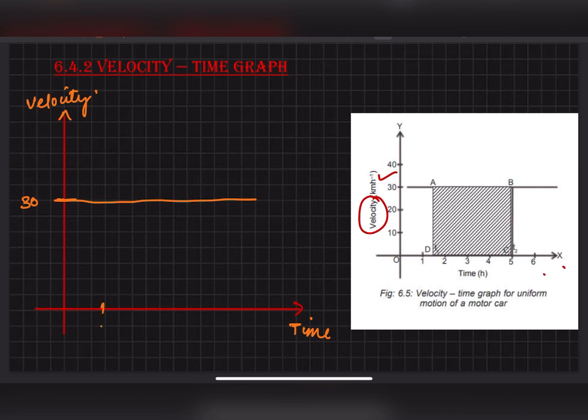Time changes, let's say 2 minute, 4 minute, 5 minute, or let's say you give time in hours, then 5 hours, 6 hours, 7 hours, right? 1, 2, 3, 4, 5, 6, 7, 8, 9. Time changes, but speed remains the same, kilometer per hour. Speed is the same. This is for uniform velocity.